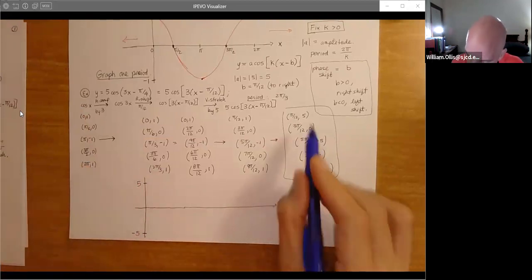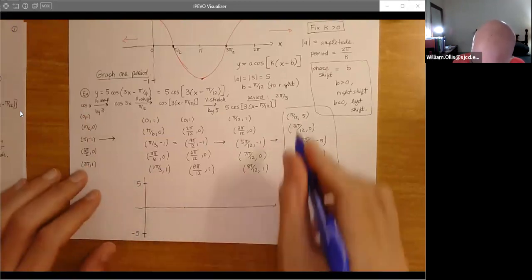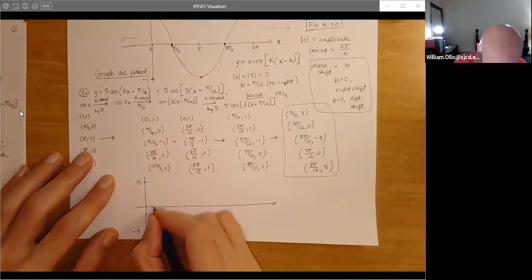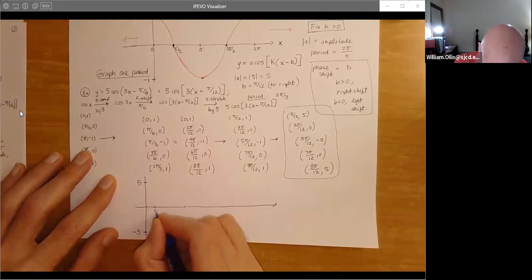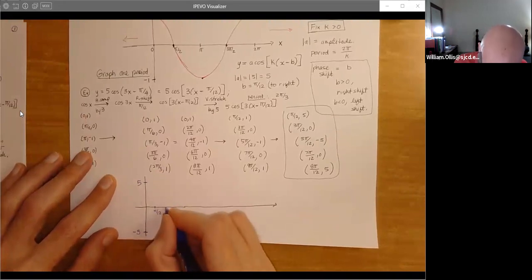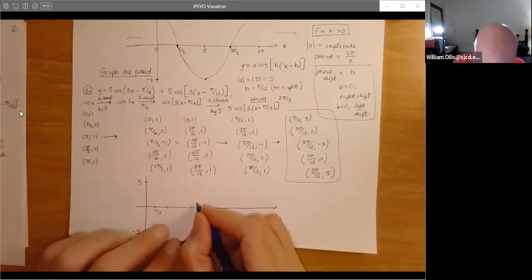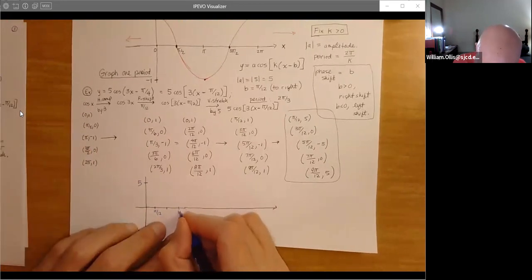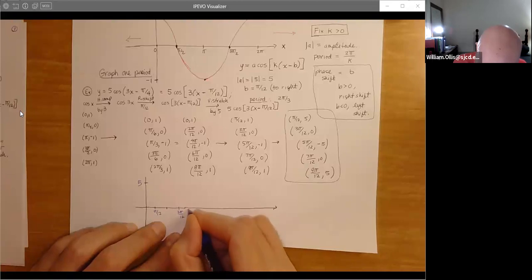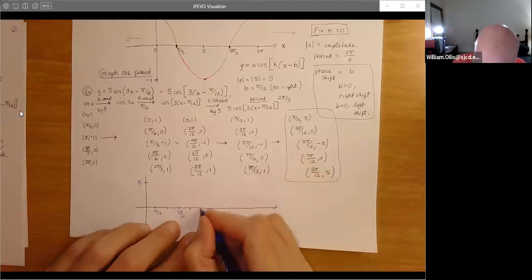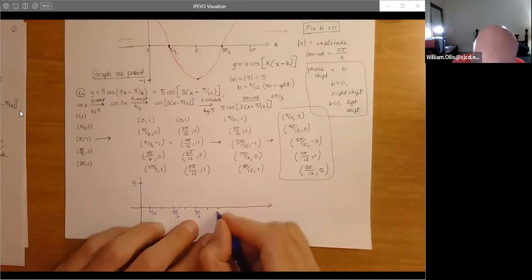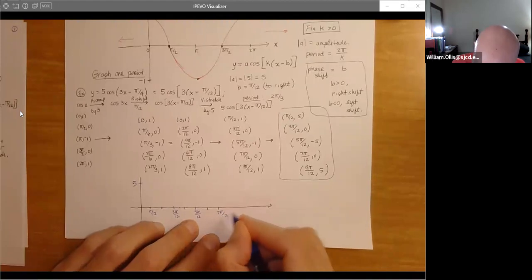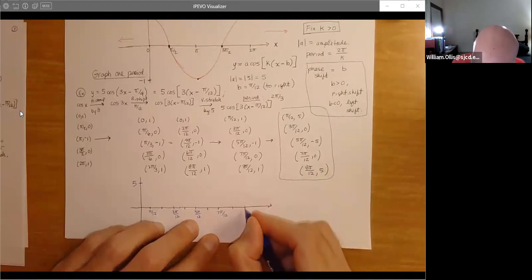And now just go ahead and put in the x values, all with the same denominator. So we'll do a little flexibility here. Pi over 12. So that'll be 2, and then we have 3 pi over 12. There's 4, and now 5. There's 6, and now 7. There's 8, and then 9.